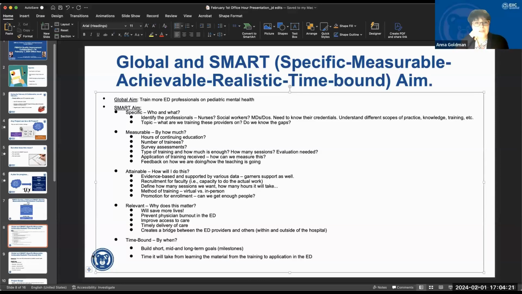So the ED provider gap? Yes. So how long does it take for them to learn the program? How long is the program? And how long does it take for them to implement it so we can collect data and see if we attain the big goal of implementation? That's a good one to think about.